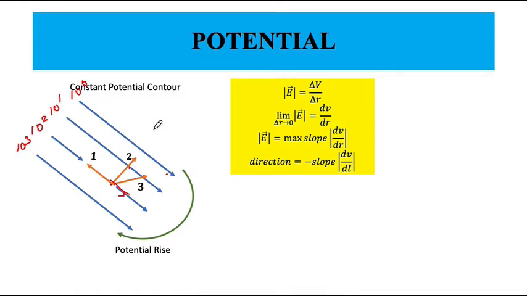Okay, so electric field will be directed along line 2 with the value of 1 volt per meter. And actually the potential will be changing if you are going in the opposite direction, right?